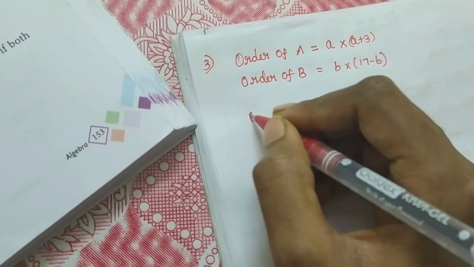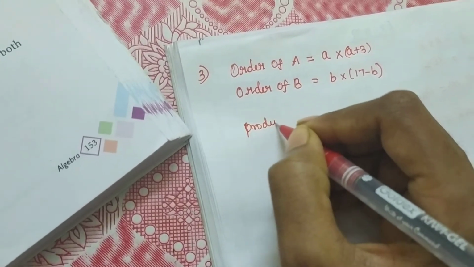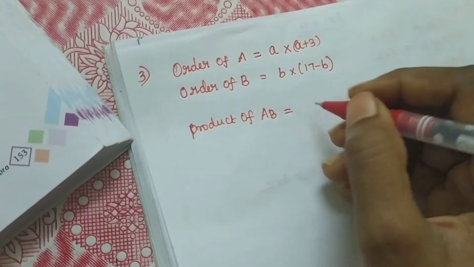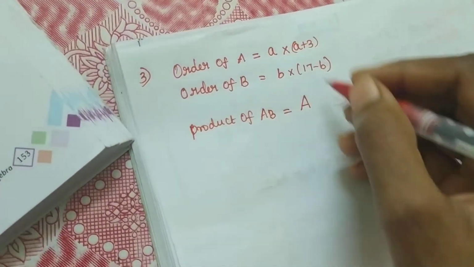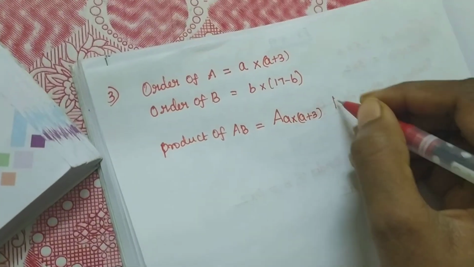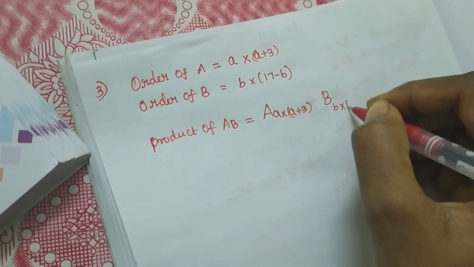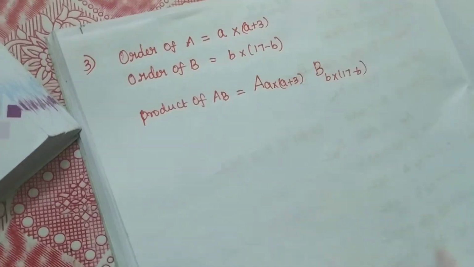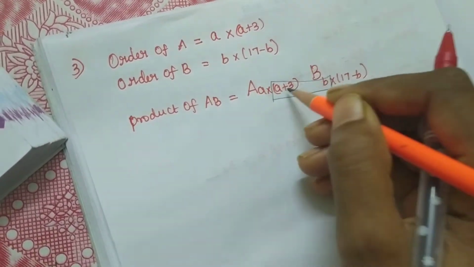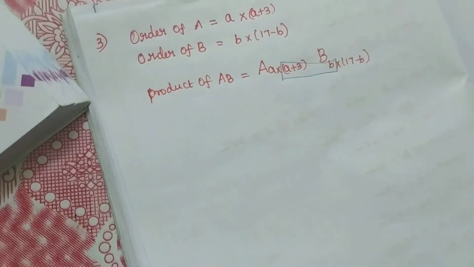The product of AB, the order of AB is equal to what? A cross A plus 3, and B cross 17 minus B. They already mentioned this is the order of the product, so obviously it should be equal, right?